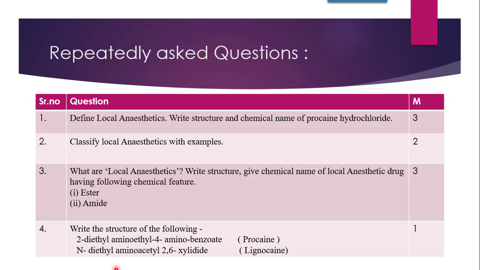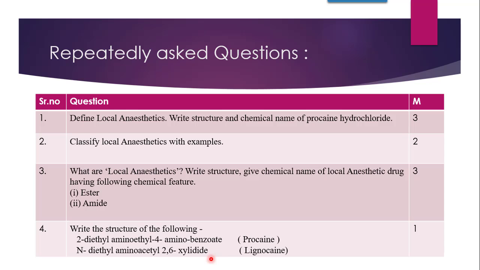When it comes to N-diethylaminoacetyl 2,6-xylidide, when it is xylidide, you all know that xylene is a benzene ring with 2 methyls, and the amide functional group, so it is xylidide. So lidocaine is the local anesthetic which contains amide as a functional group.